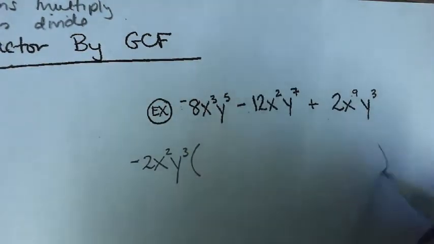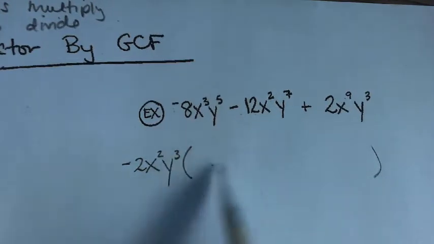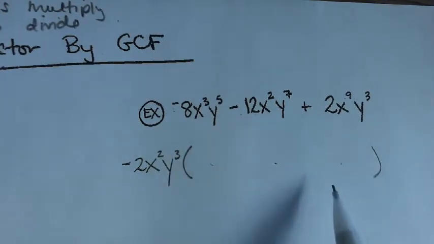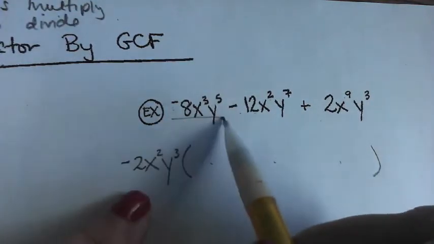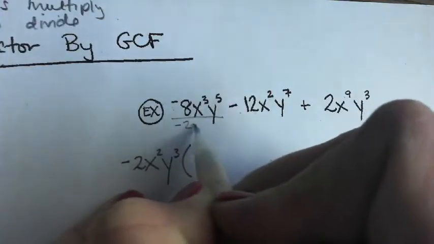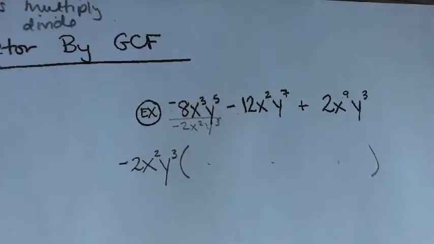Now, the polynomial started with 3 terms. So when I divide out this GCF, I'm going to be left with 3 terms in my parentheses as well. And take it piece by piece. Do not rush through this. If I'm dividing out -2x squared y cubed, what do you think is left?